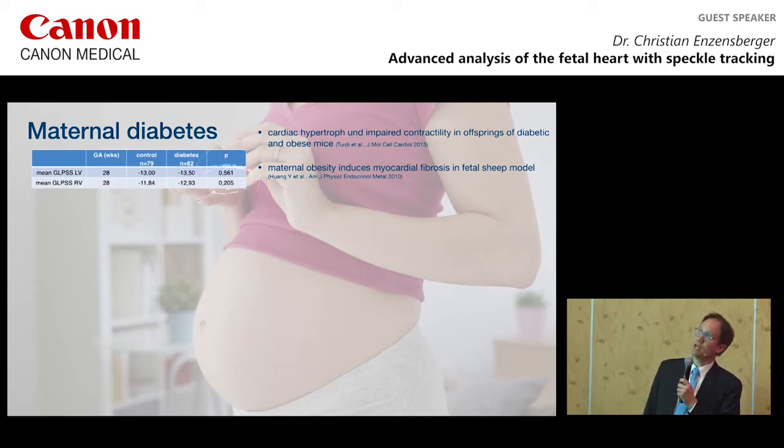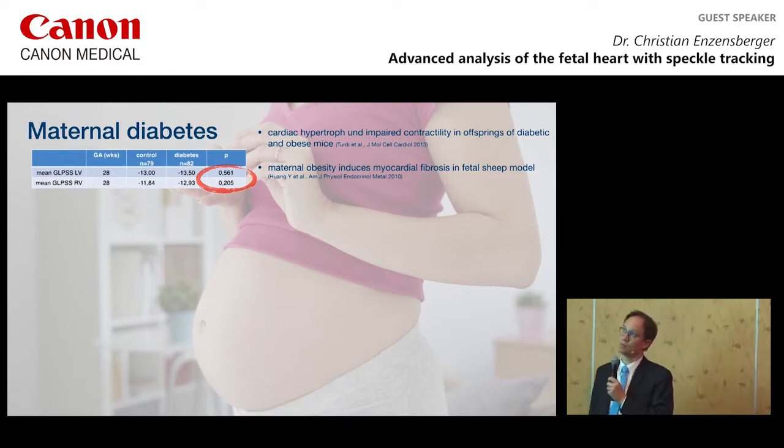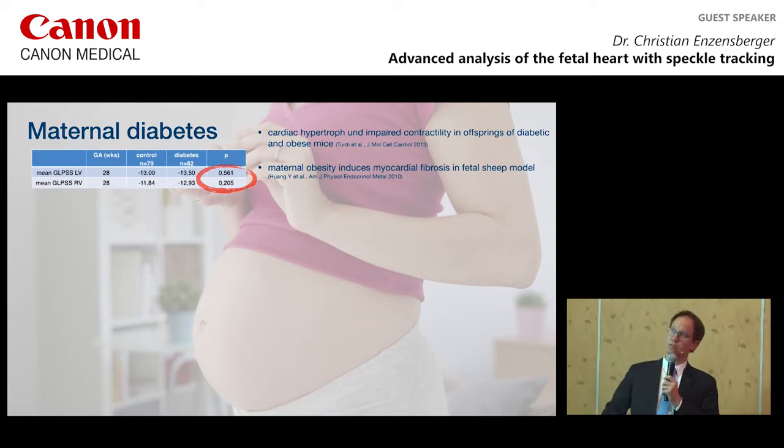The global longitudinal strain for the left ventricle and the right ventricle in both groups was comparable when you just check controls against diabetic patients.